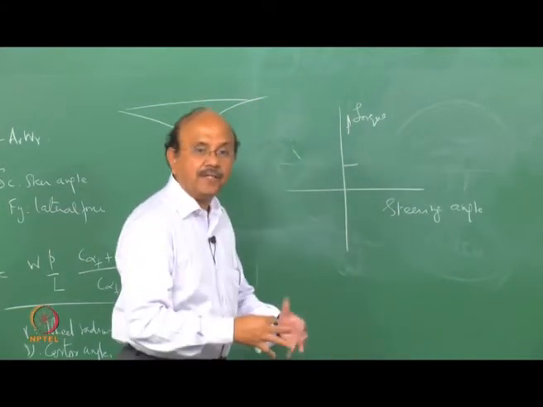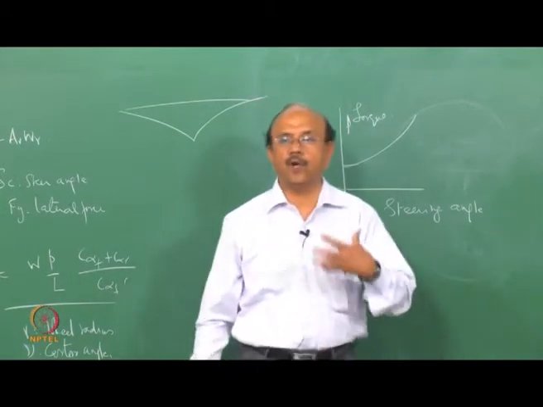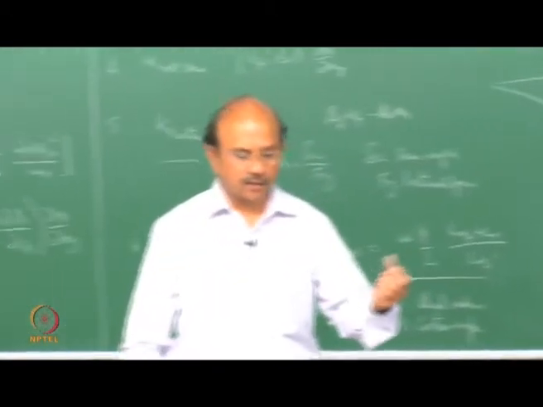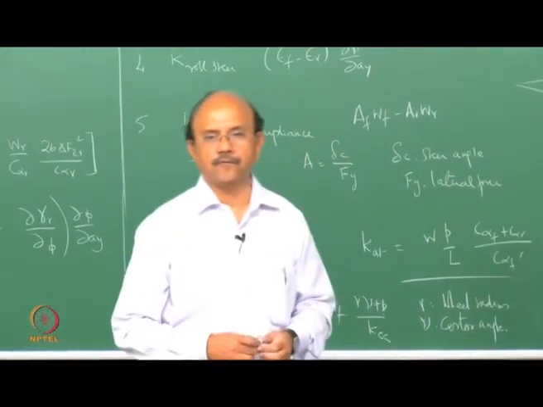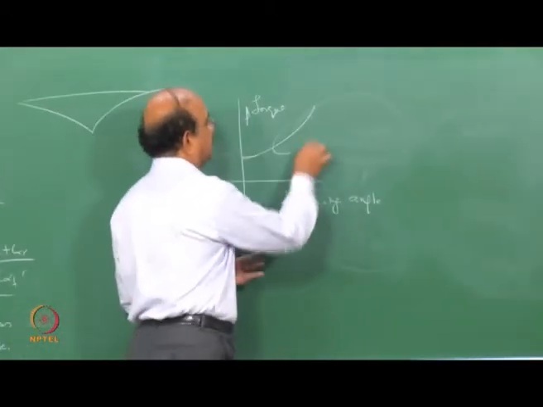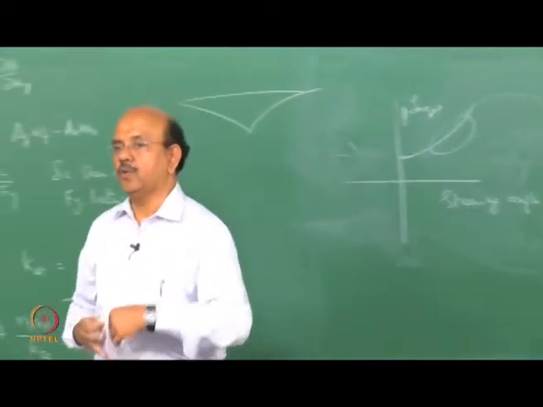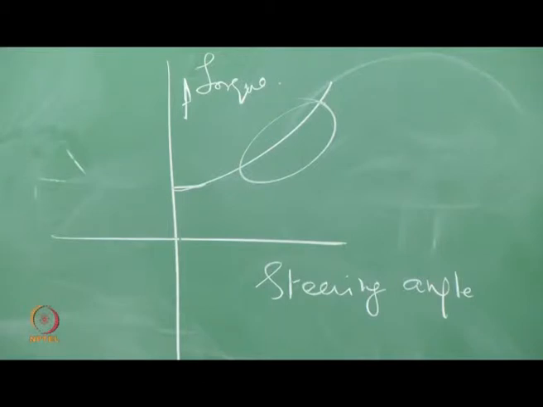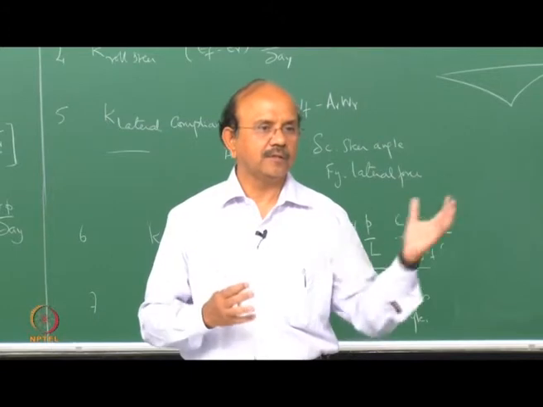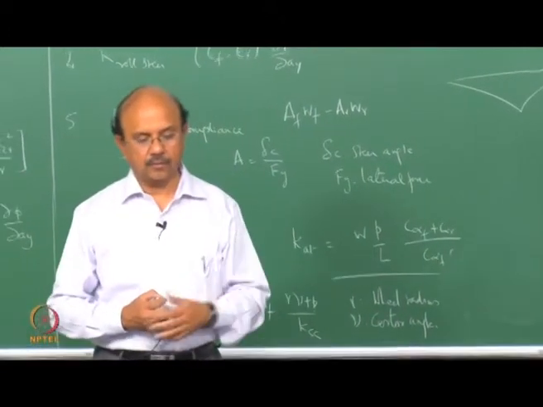After this, we go into the compliance of the steering system. So the steering angle versus steering torque takes that kind of turn, and in this region we have what is called the steering effort. So I have to overcome friction, after which I will look at how much effort I have to give in order to drive.